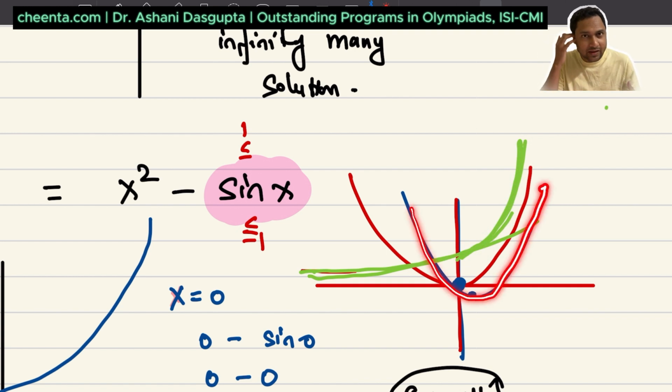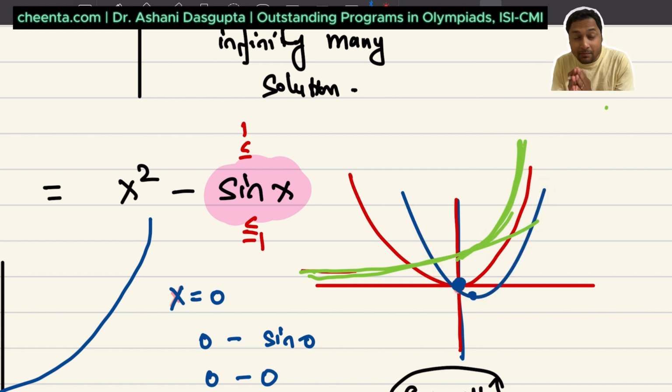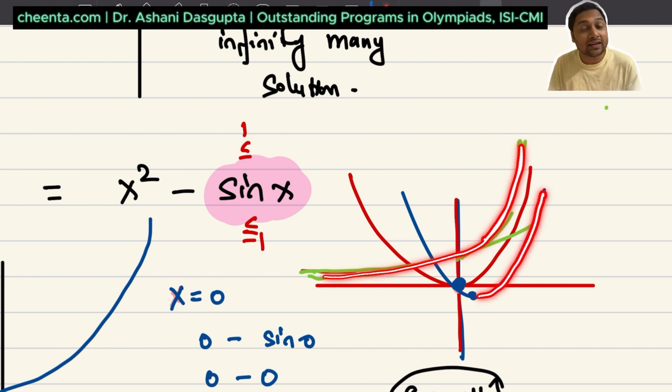You see what I'm doing here, right? I'm using mathematical reasoning to solve this problem. I am using a deeper understanding about this function to solve this problem. This green function has a much faster growth than the blue function, which is x squared minus sine x.